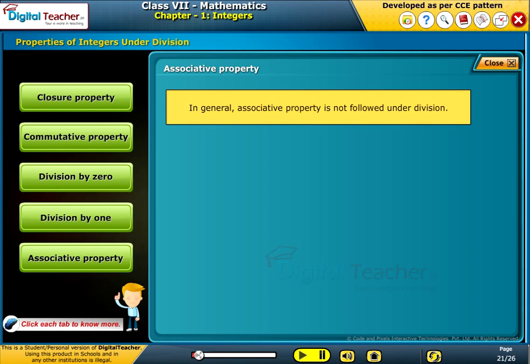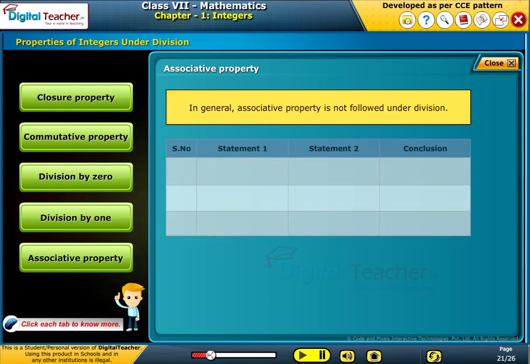Associative property. In general, associative property is not followed under division. Here, in the first example, initially divide 4 with 2. We get 2. Thus 8 by 2 is equal to 4. Similarly, in statement 2, initially divide 8 with 4.